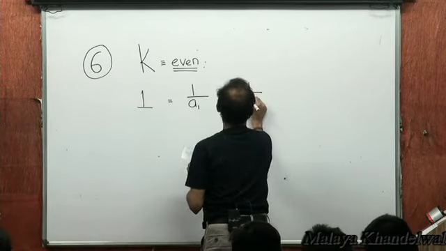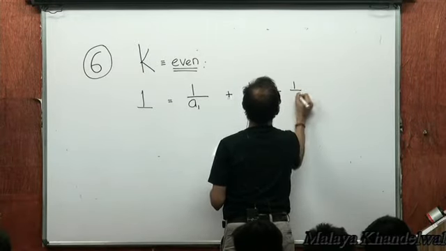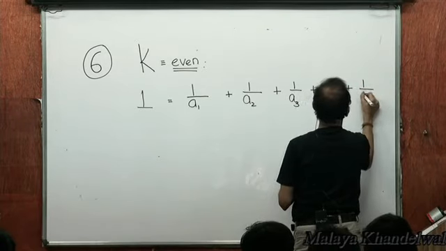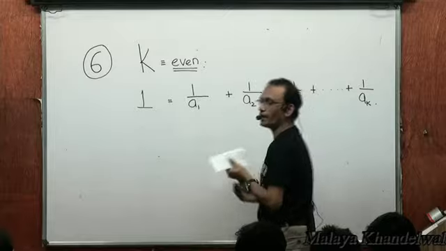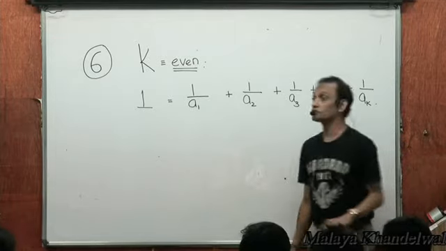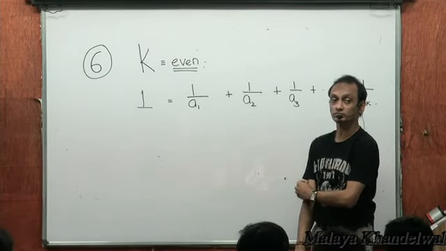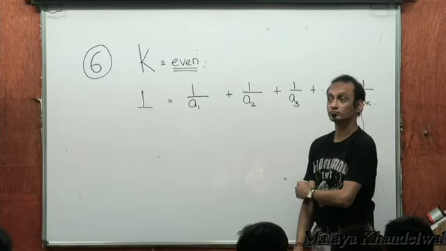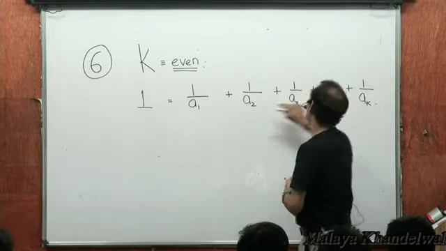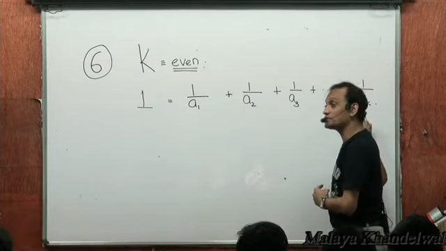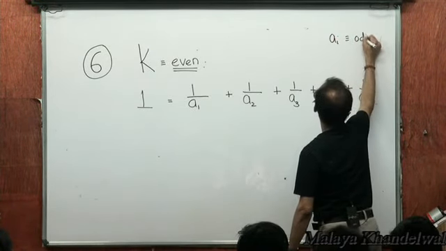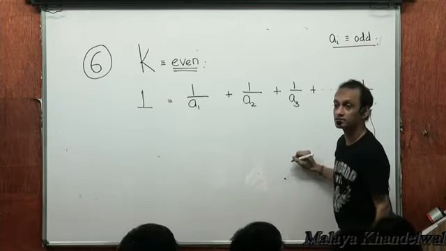A1 is odd, A2 is odd, A3 is odd, AK is odd. I want to write 1 as the sum of the reciprocals of k odd integers. Is it possible? No. These are where k is an even number and each of these k integers is odd. All of these AIs are odd numbers.